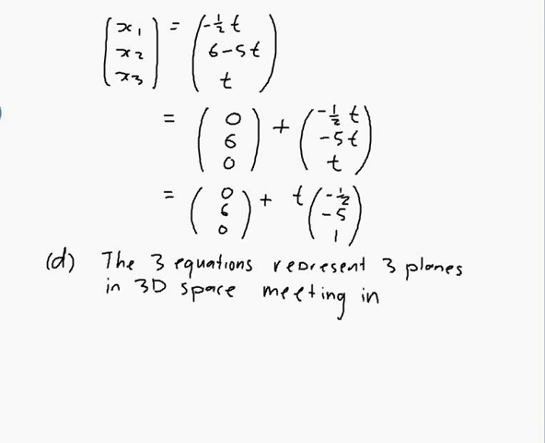So let's have a look at these solutions. These solutions are a point, 0, 6, 0. So that would be the place where we start drawing our solutions, plus t times this vector. So what that would mean is that we start at the point 0, 6, 0.